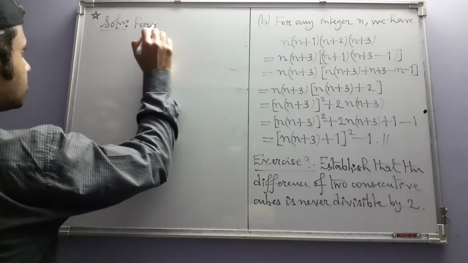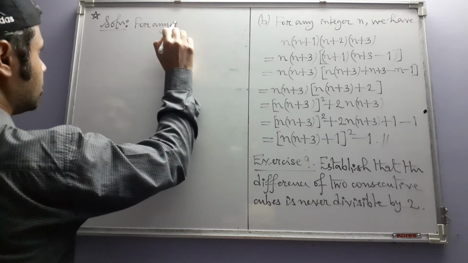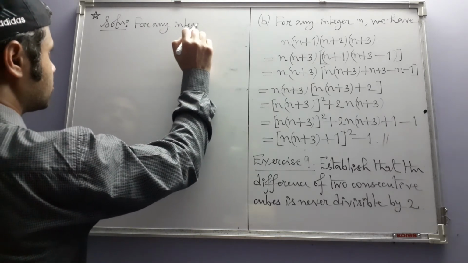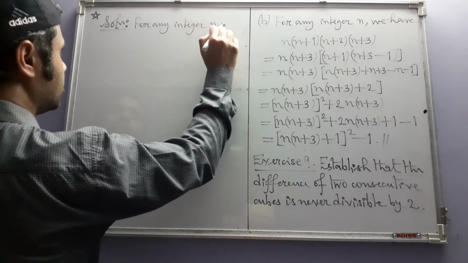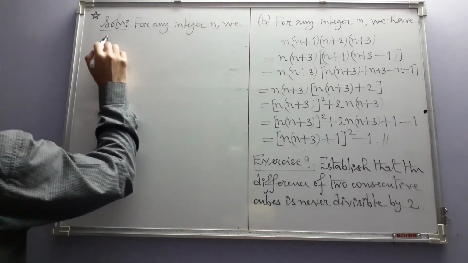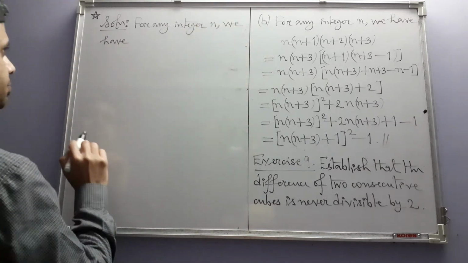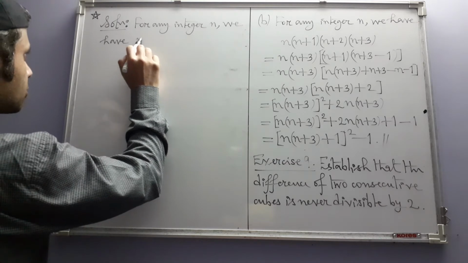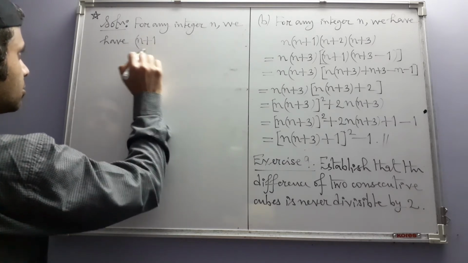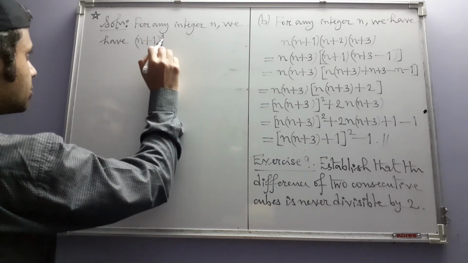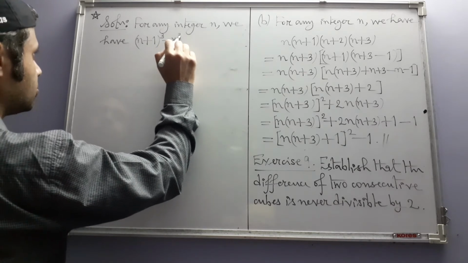For any integer n, we have, so difference of consecutive cubes means n plus 1 whole cube minus n cube.